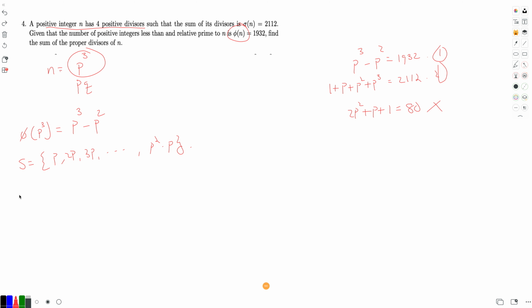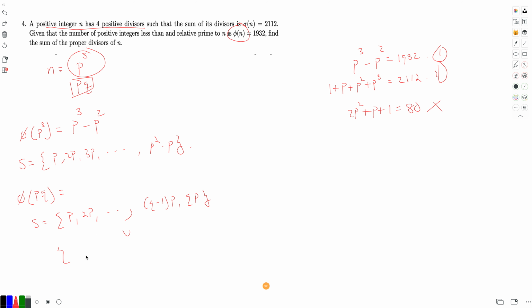So let's move on to the next case, which is pq. Let's try to derive a formula for phi of pq. The numbers that are not relatively prime are all the multiples of p, so that'd be p, 2p, all the way until q minus 1 times p, and then qp, and then union.